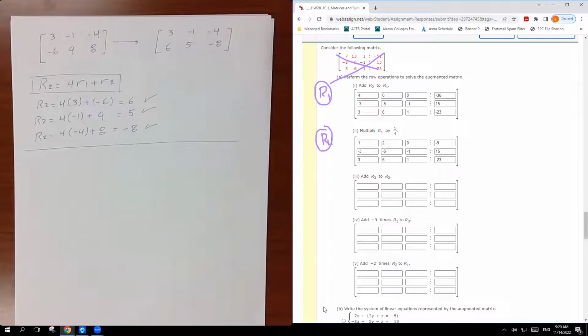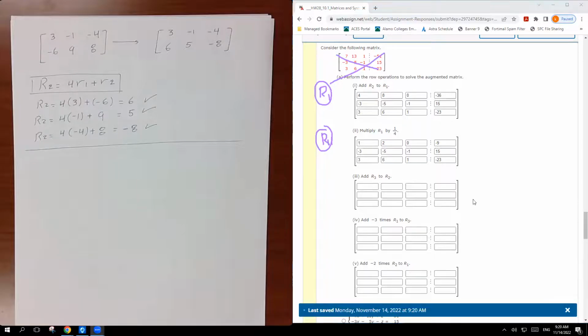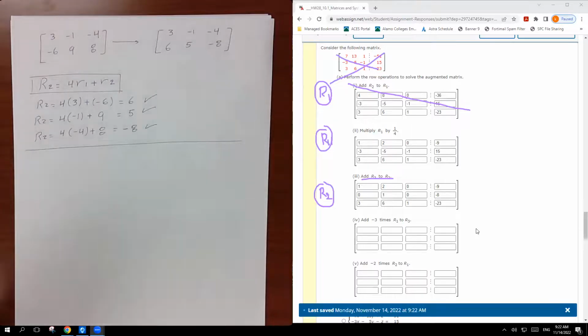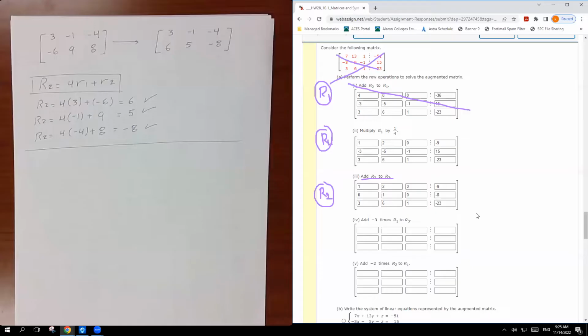Now let's see the third operation. That's what we're going to do when we solve the system. On this one, we're going to get a new R3. That means the change is on R3. Again, I'm not going to look to this matrix anymore.